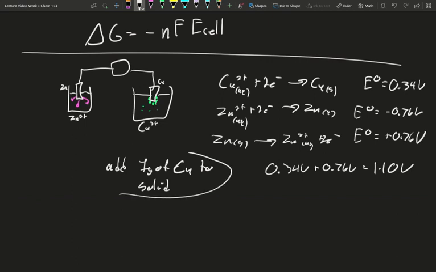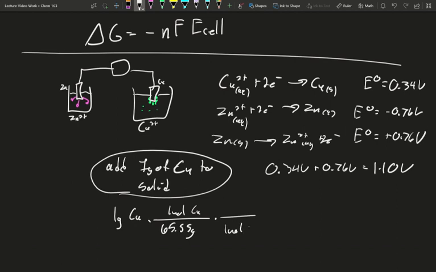But I've added a little bit of copper to my copper bar. Well, 1 gram of copper at 65.55 grams in 1 mole of copper. And for every 1 mole of copper that we made, we needed 2 electrons. We'll find that 0.0305 mole of electrons were transferred.